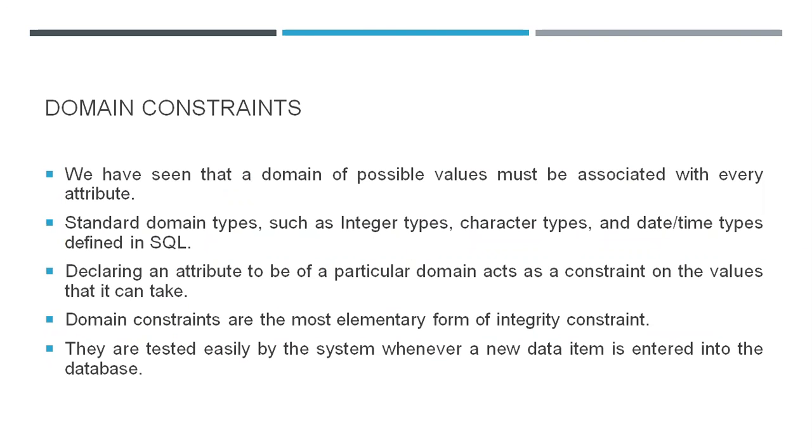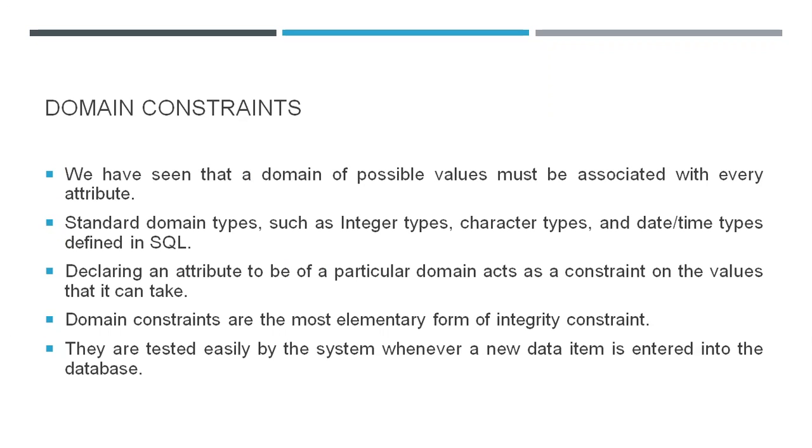First one is domain constraints. We know a value always has a particular domain associated with it. Every attribute is of one of the domain types, such as integer type, character type, date or time type, which are already defined in SQL.